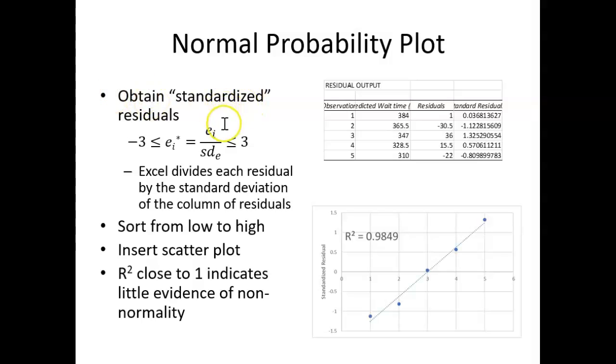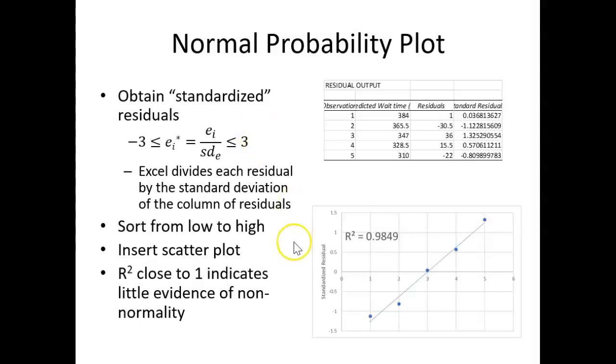The standardized residual is the residual divided by the standard deviation of the residual, of the error term. So Excel divides each of these numbers by the standard deviation of this column. This normalizes the residual so that it's between -3 and +3, the same -3 and +3 that we talked about with the empirical rule.